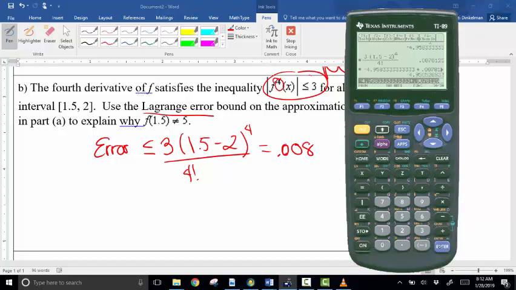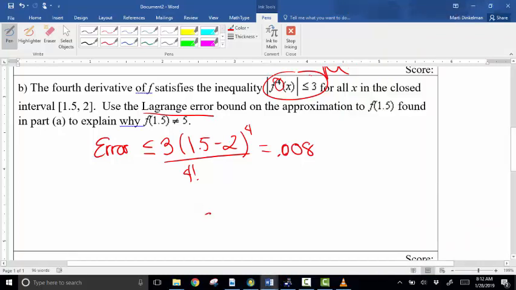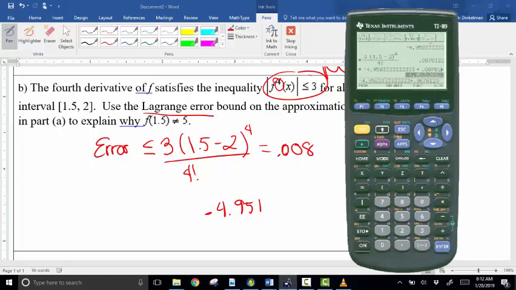So -4.951, let me write that down, -4.951, and then I'm going to do the same thing here, but I'm just going to subtract the error.